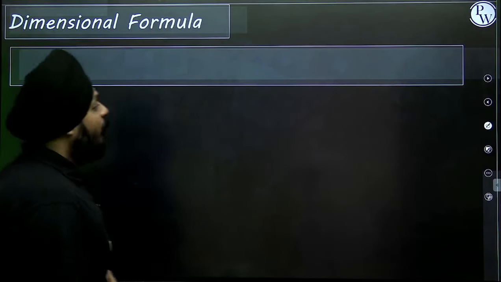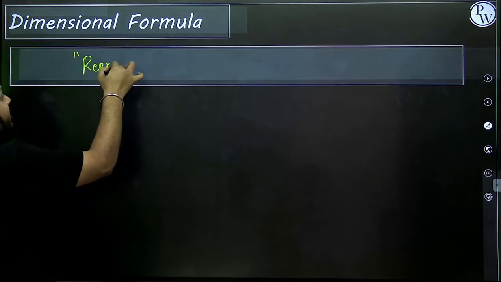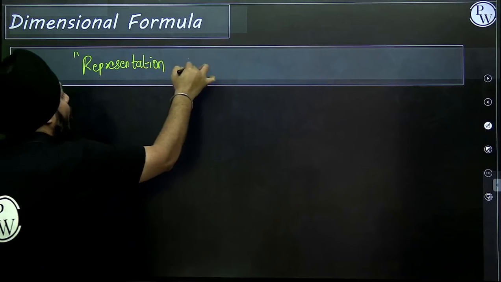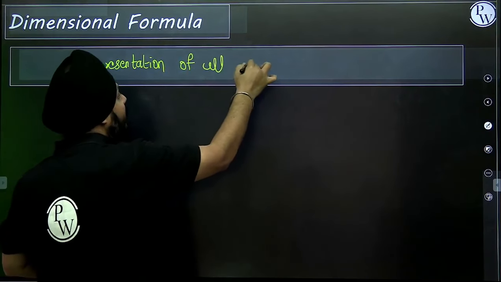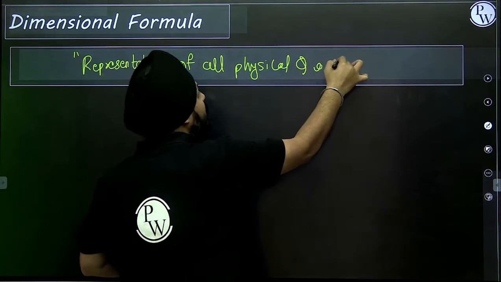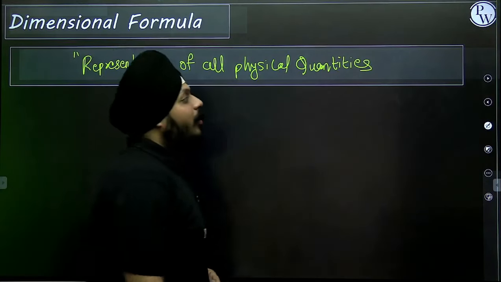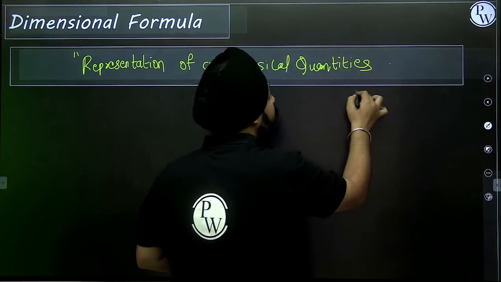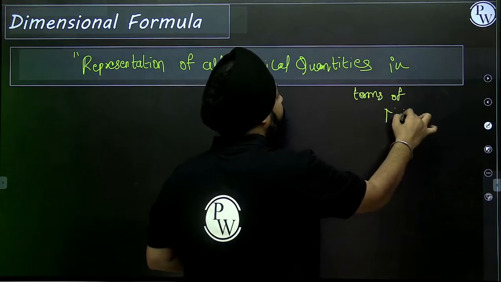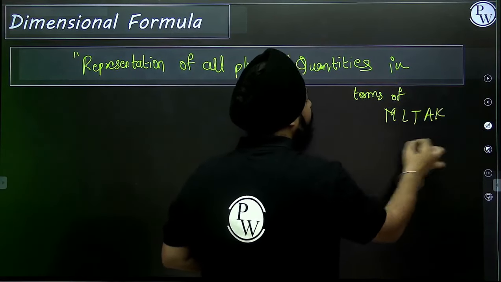Now, dimensional formula. What is the dimensional formula? The representation of all physical quantities in terms of the basic notations M, L, T, A, K, mole, CD.